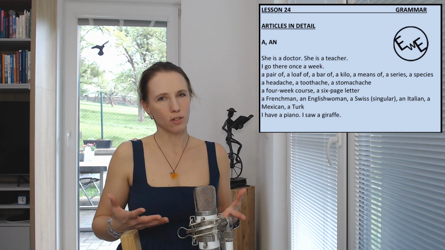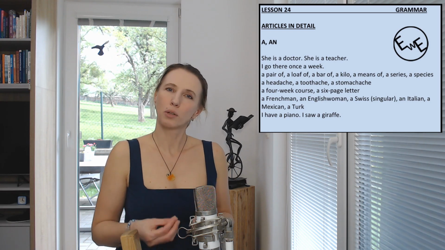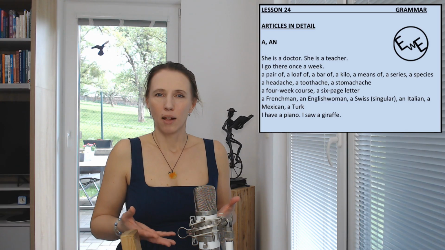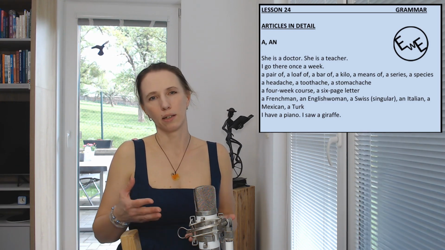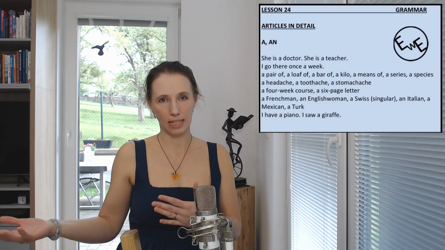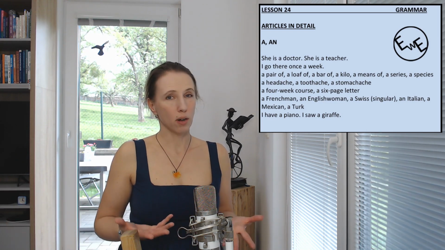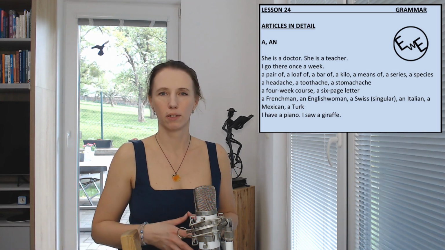But there are certain situations or certain nouns that require indefinite article, and you should remember it. For example, if you speak about something that is happening many times, so then you say once a week, three times a year, or a quantity, a pair of, a loaf of, a bar of.